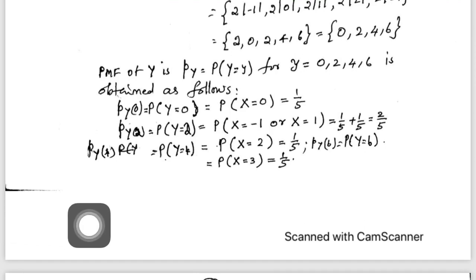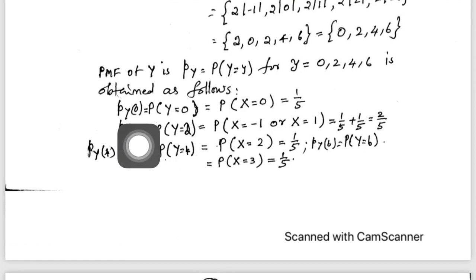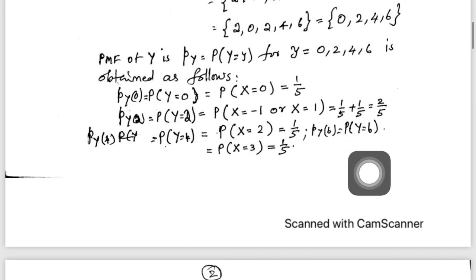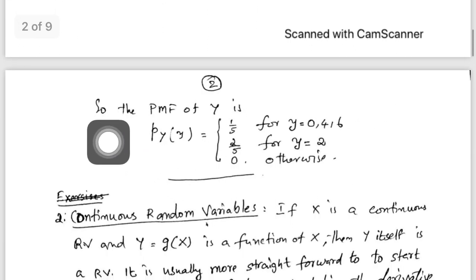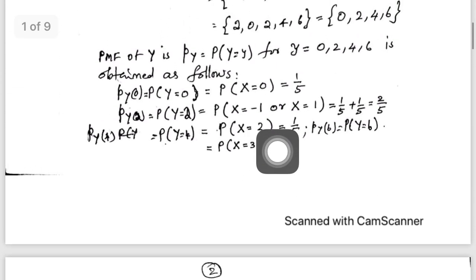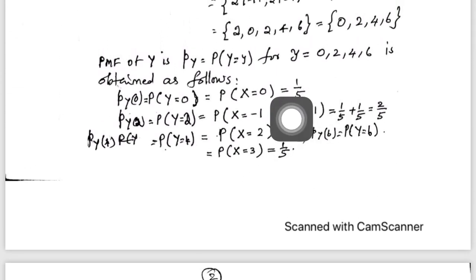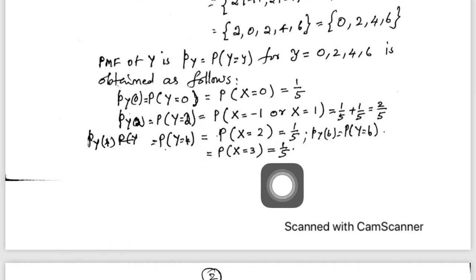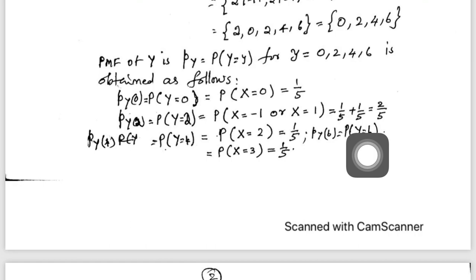So you have obtained the probability for various values of Y equal to 0, Y equal to 2, Y equal to 4, and Y equal to 6. So you can consolidate the probability mass function of Y as follows. That is, p_Y(y) is equal to 1 by 5 in 3 cases, that is when Y equal to 0, Y equal to 4, and Y equal to 6.